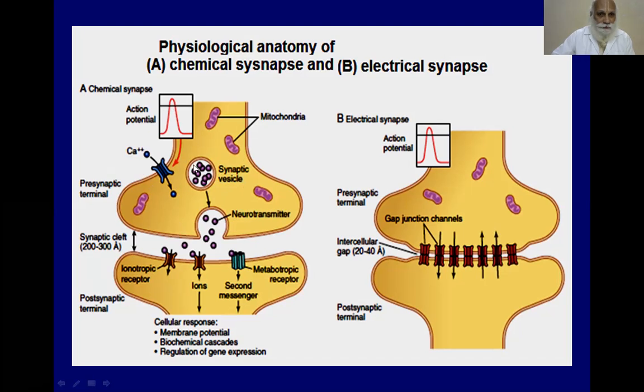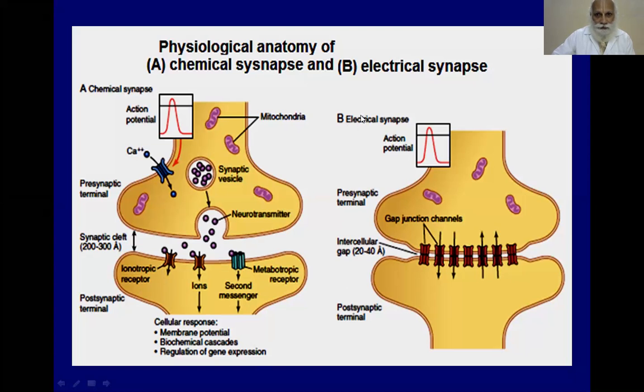Now, there are plenty of vesicles, what you call synaptic vesicles, and they contain neurotransmitter which will be released into the synaptic cleft. It diffuses across the synapse, reaches the postsynaptic part, and produces an effect through the receptors. Could be ionotropic or metabotropic. We'll deal with it a little later.